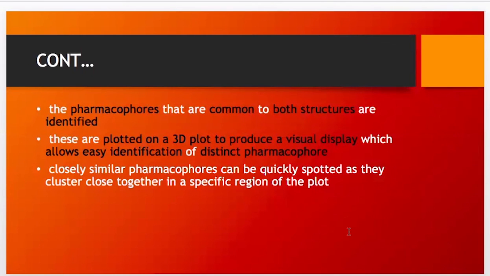After that, you can do what we call plotting, a 3D plot, to give you a visual display. It's just helping you to identify in what location these triangles or binding centers are.